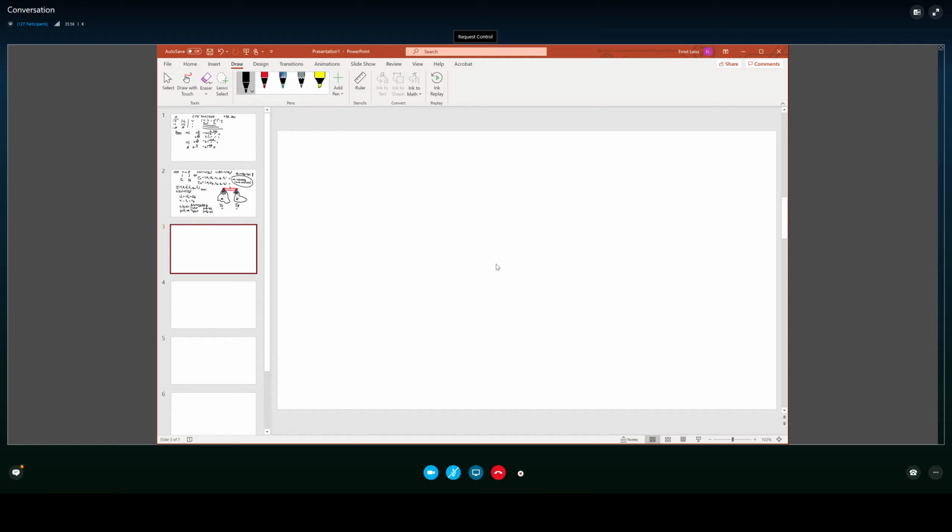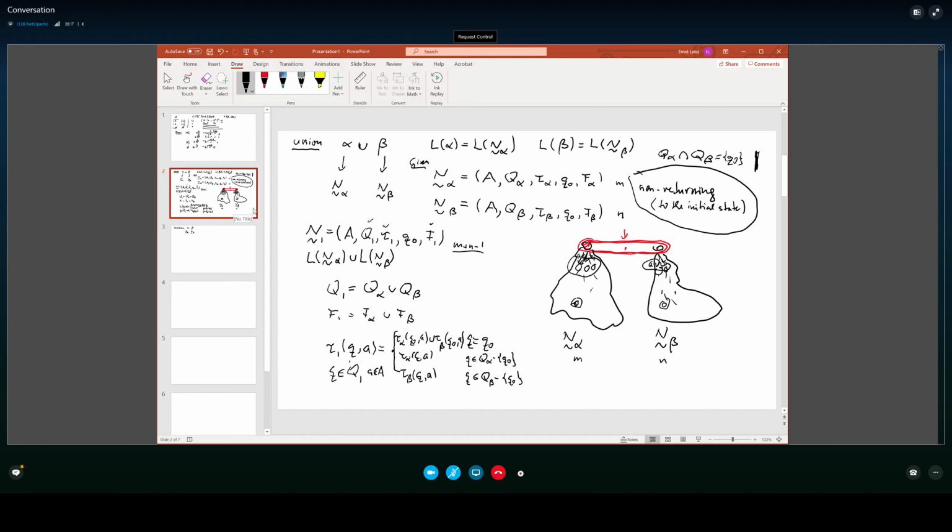Now we get to the concatenation. So we have alpha concatenated with beta. As before, we have N sub alpha for alpha and N sub beta for beta, and we are assuming the same. This holds for all automata.